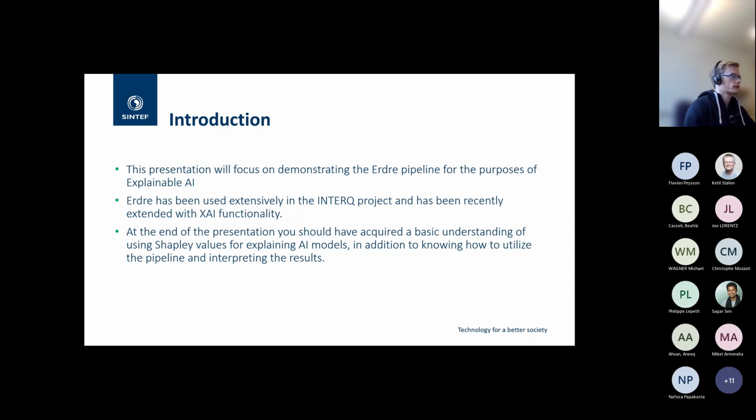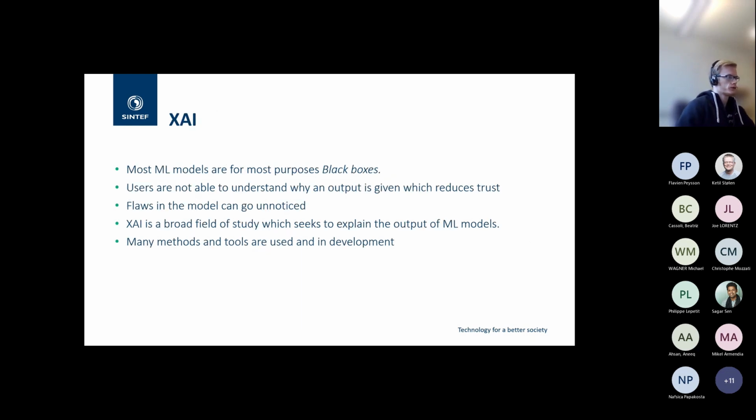So, a quick introduction to explainable AI. I assume all of you here are familiar with machine learning and machine learning models. They are for most purposes black boxes, which means we don't necessarily understand what's going on inside, and we don't necessarily understand what the output means, and that's not beneficial for building any trust or rapport with the machine learning models.